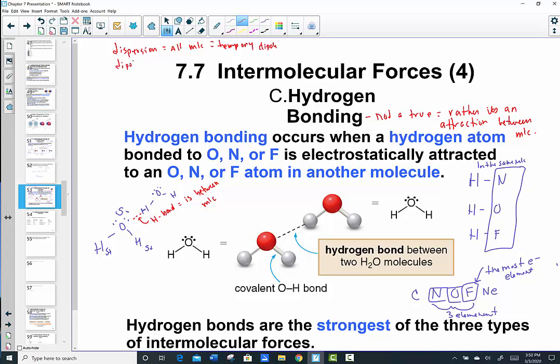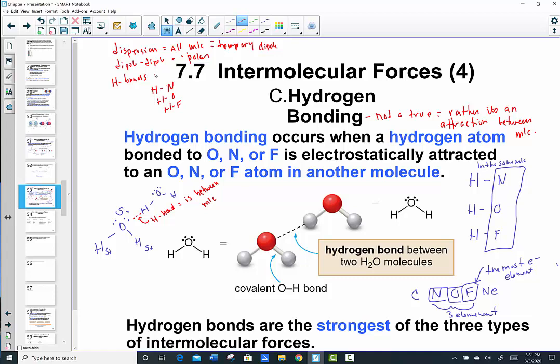The second, a little bit stronger, is dipole-dipole. Only polar molecules will exhibit dipole-dipole interactions. You must be polar. And then, of course, the strongest is a polar molecule that's in the compound, has an H to an N, H to an O, or an H to an F.